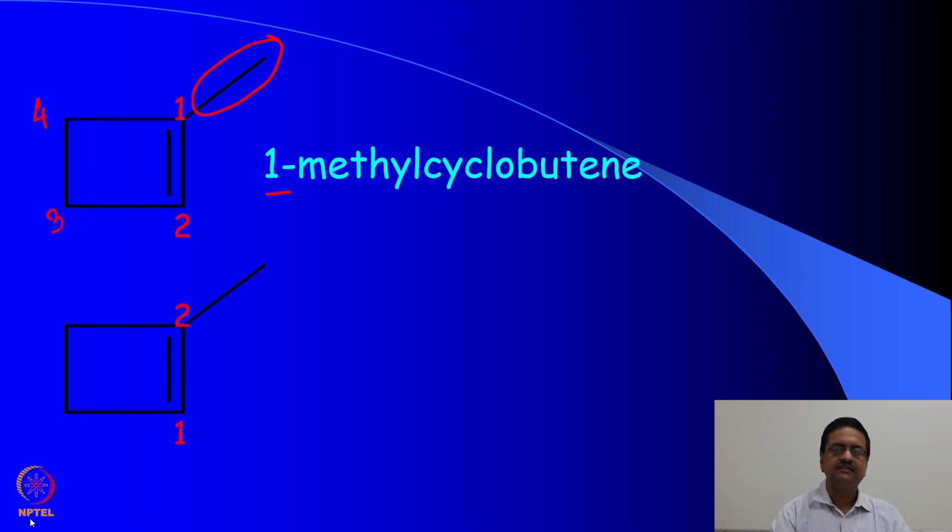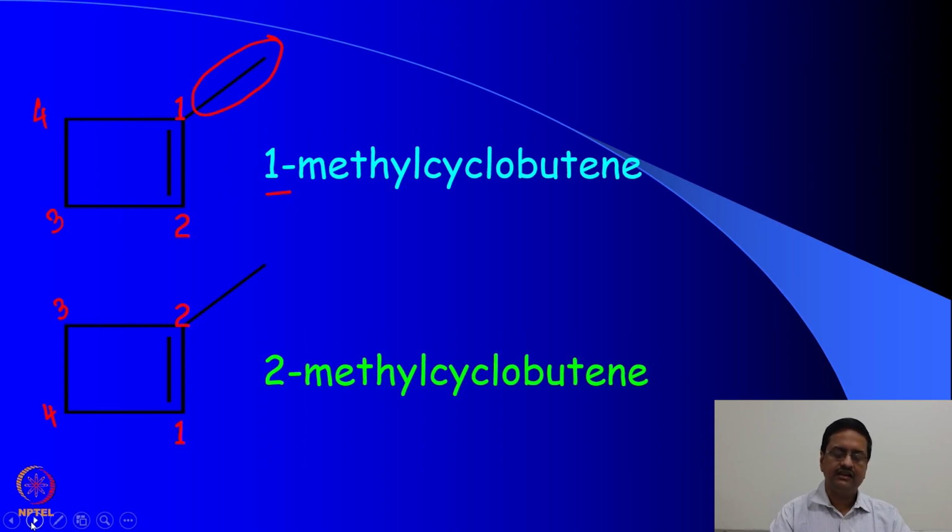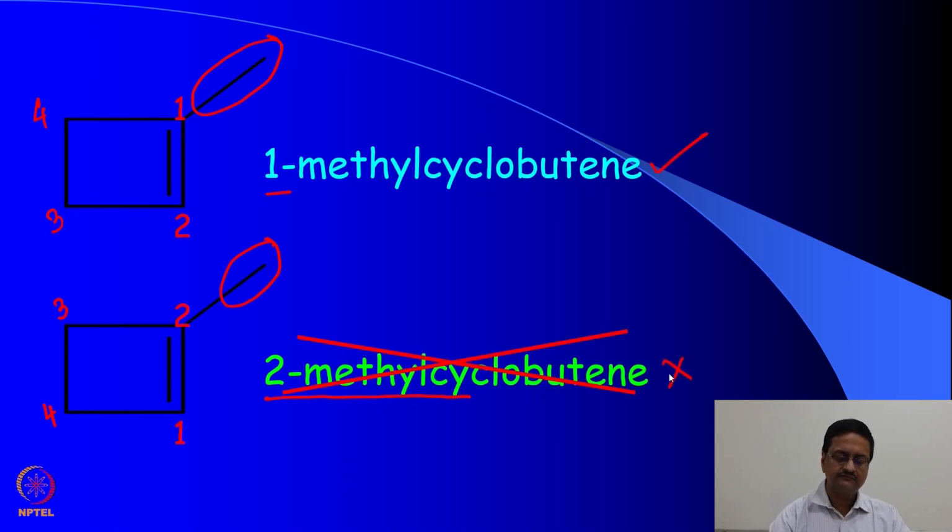But if somebody numbers it in the opposite direction, 1, 2, 3 and 4, the name would be 2-methyl cyclobutane, because now the methyl group is here. What do you think the name should be? The correct name of this molecule should be this one, not that one, because the substituent methyl gets the lowest number and cyclobutane also is at position number 1.